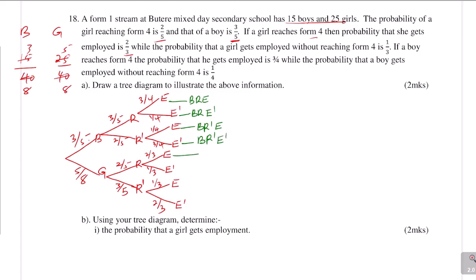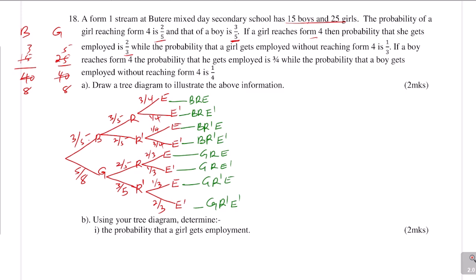Girl reaches Form 4, gets employed. Girl reaches Form 4, doesn't get employed. Girl doesn't reach Form 4, gets employed. Girl doesn't reach Form 4, doesn't get employed. When it is like that, it will help you to work it out. Let's go to the questions.